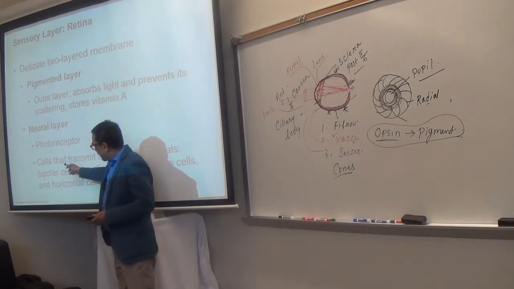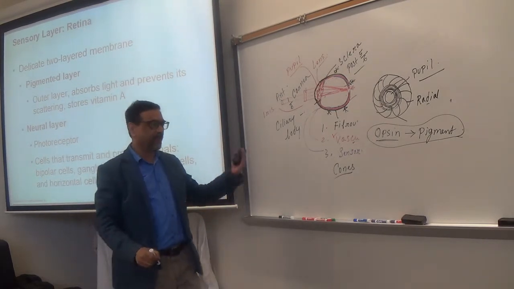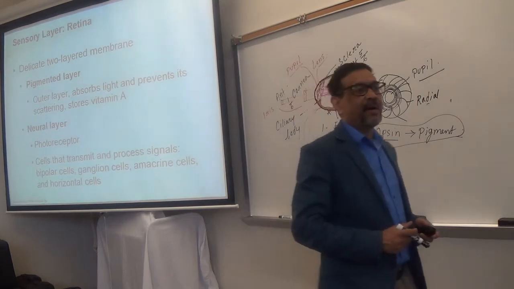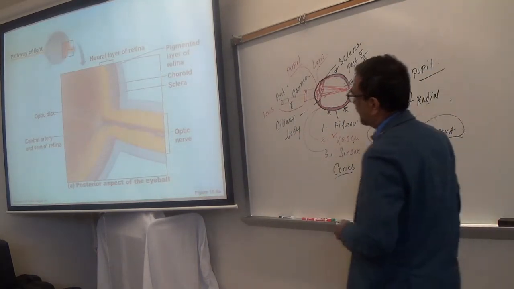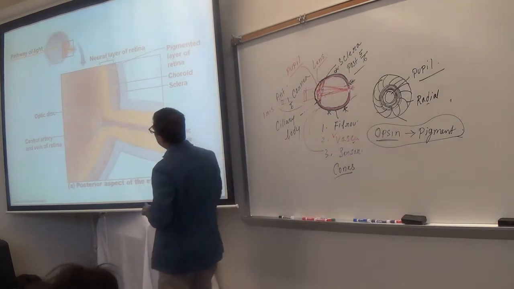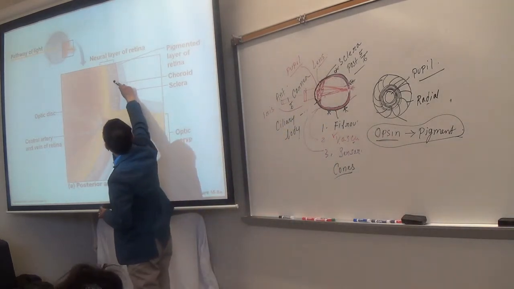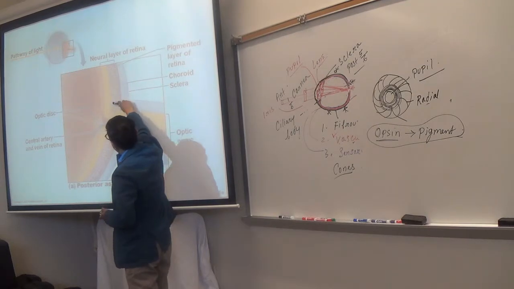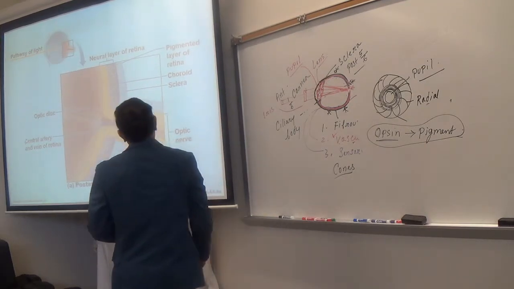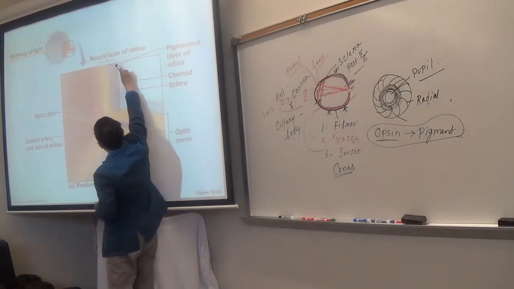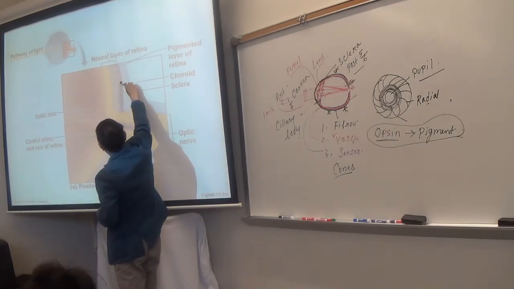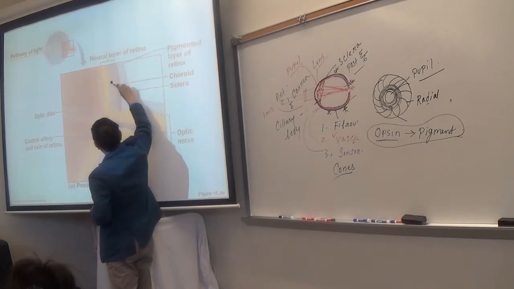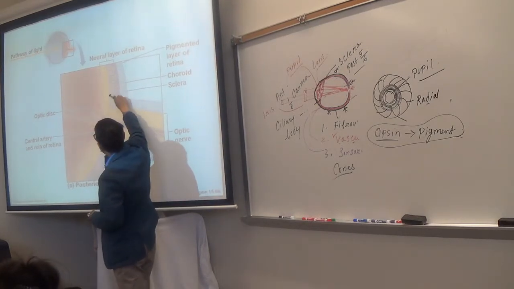And the neural layer of the retina has the photoreceptor rods, cones, and a few other different types of cells. So here you see this is the retina, and the pigmented layer is the outer layer, this one, very thin. And then the neural layer has the rods and cones and other cells too.